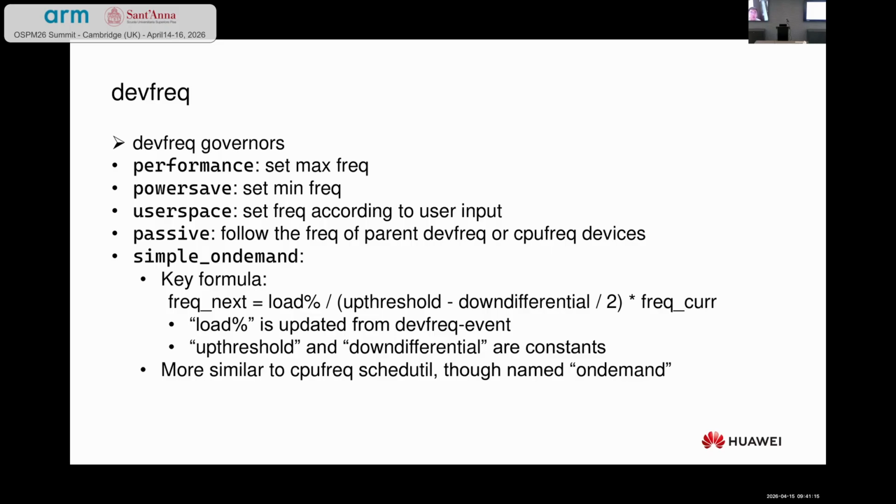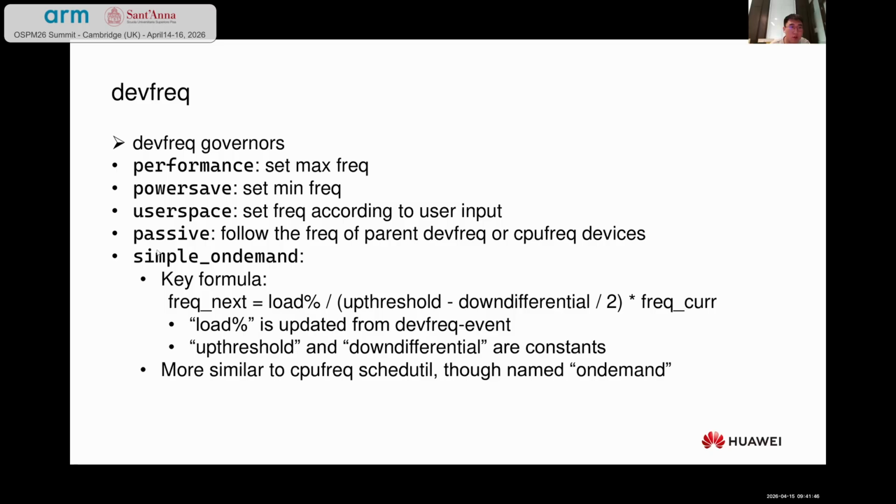Performance and powersave set the max or min frequency for the device, and userspace will set the frequency according to a user input. It will take the user input from a sysfs file, and then adjust the frequency every time the file is updated.